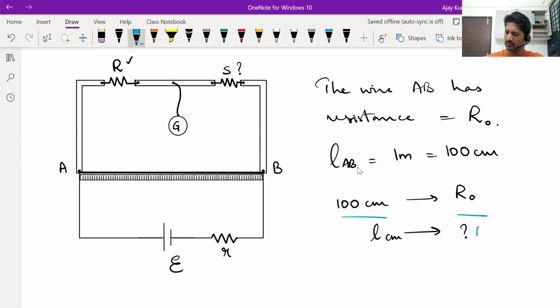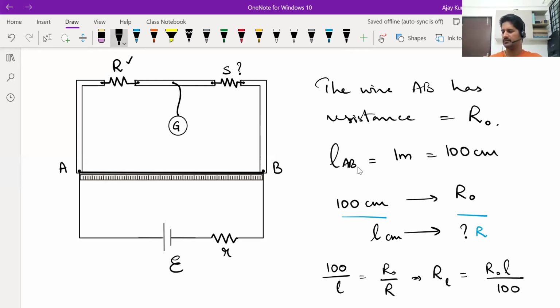Let's call it R. So 100 by L is equal to R0 by R. That means resistance in a length L is equal to R0 into L divided by 100. Okay, since resistance is proportional to length, you can write it this way. In a length L of that wire AB, the resistance is R0 L by 100. Okay, you have to remember that length L is in centimeters now.